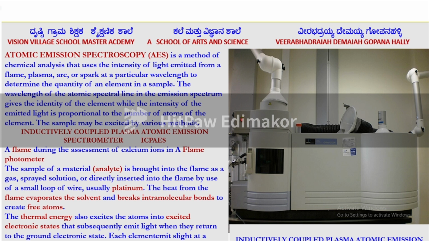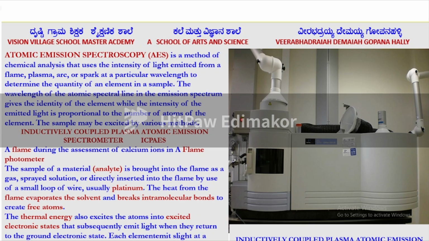Therefore, the thermal energy excites the atoms into excited electronic states that subsequently emit light when they return to the ground electronic state. The atom is excited from the ground state to the excited state.